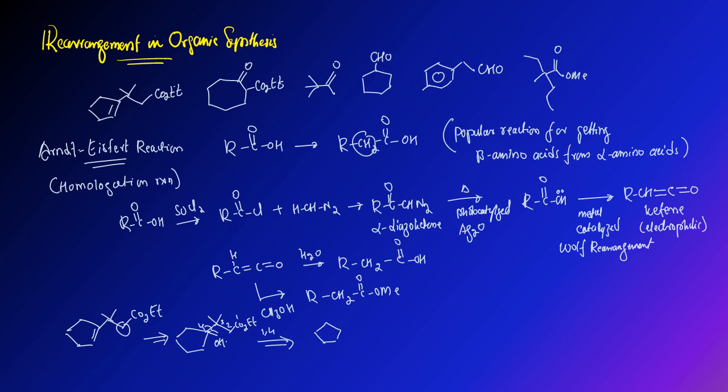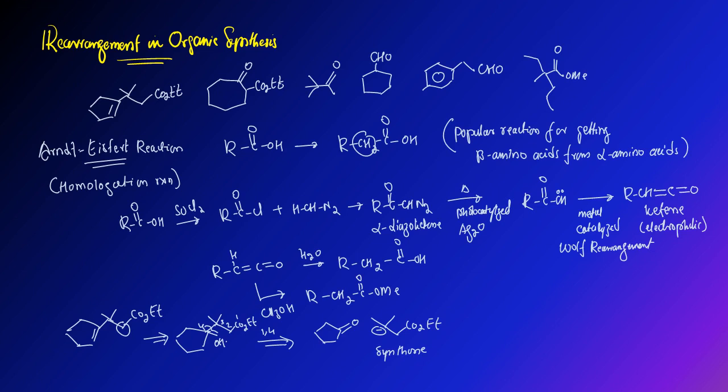So I will get a species like this, but it is unnatural in character because we cannot have a material like this, so this disconnection is not feasible. In order to get a more feasible disconnection, we will have to remember the Arndt-Eistert reaction.